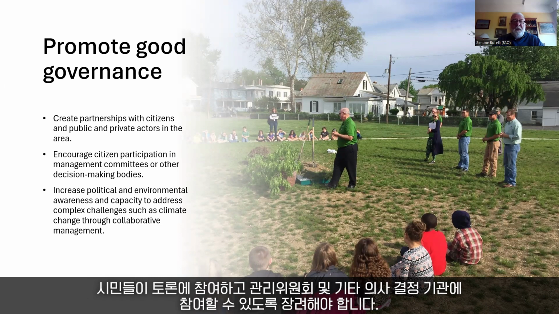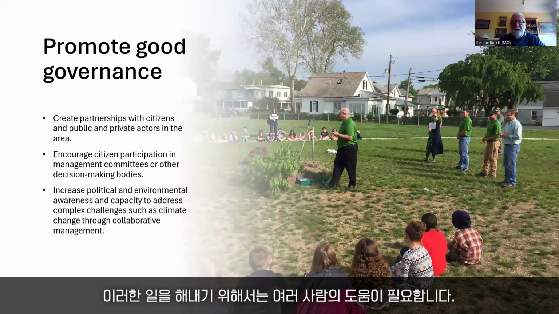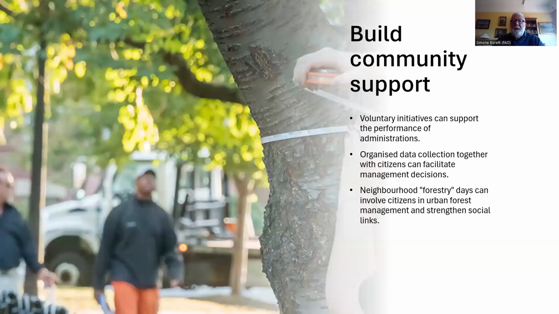So we need to go in, discuss, talk, and then encourage citizen participation in management committees and other decision-making bodies. In this process, we also need to increase political and environmental awareness and capacity to address complex challenges such as climate change through collaborative management. We can't do it by ourselves. We need the help of others.